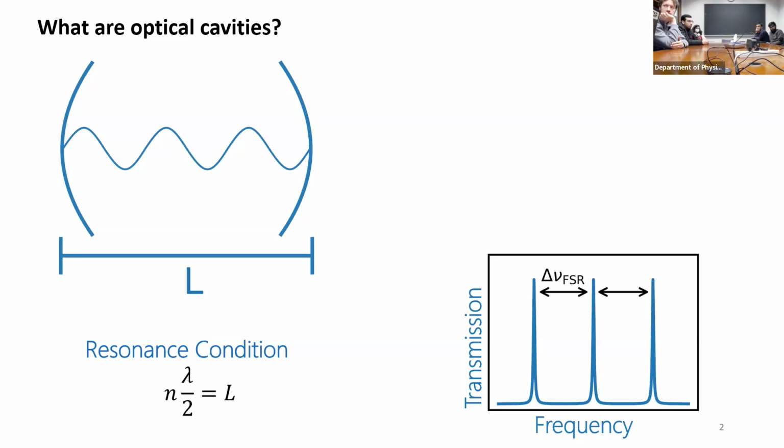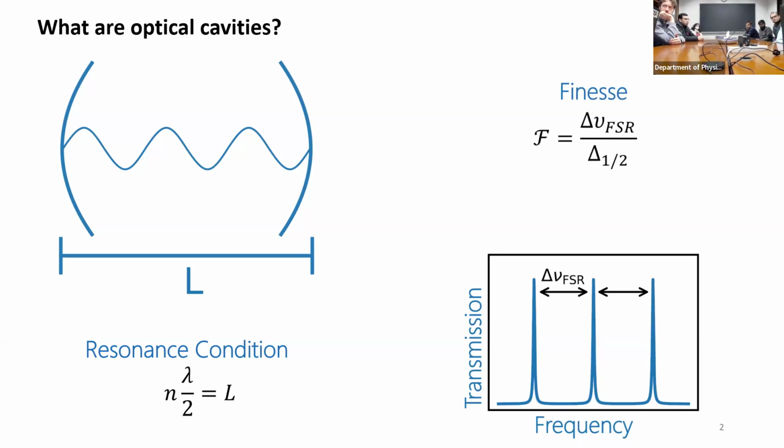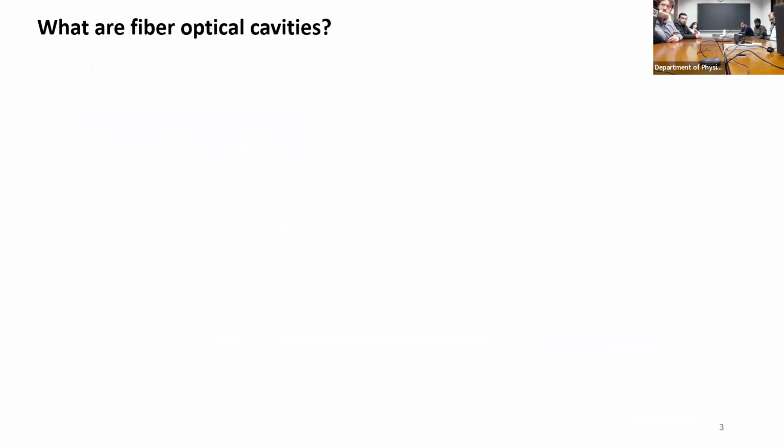The space between two resonances is called the free spectral range of your resonator. If you take the ratio of the free spectral range to the linewidth of this Lorentzian, you get what is called the finesse of the cavity. This is a very important measure of the quality of your resonator, and it tells you about the number of round trips that the photon takes inside the resonator. So this is the basics of optical cavities.